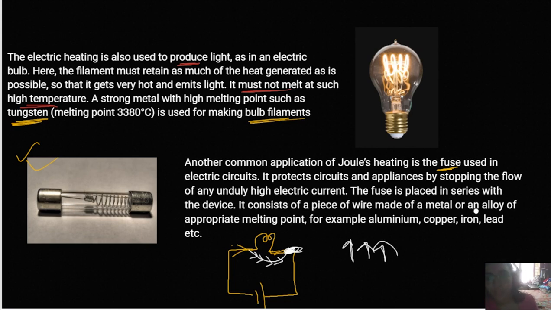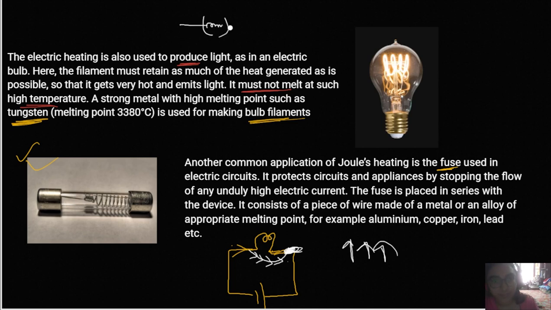Okay, so sometimes this will obviously lead to a problem, right? The whole circuit can get disrupted, and you might lose current for a few hours. So the main thing about the fuse is that fuses are placed in the electric circuits in such a way.